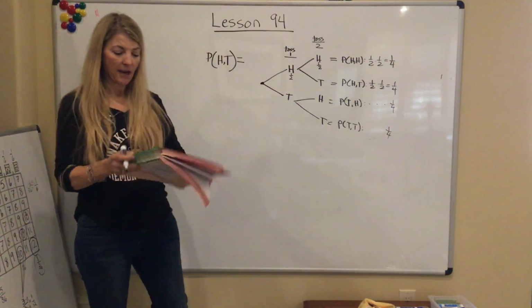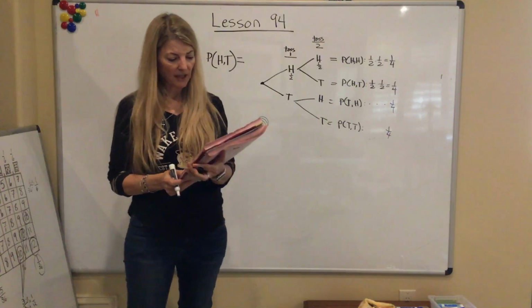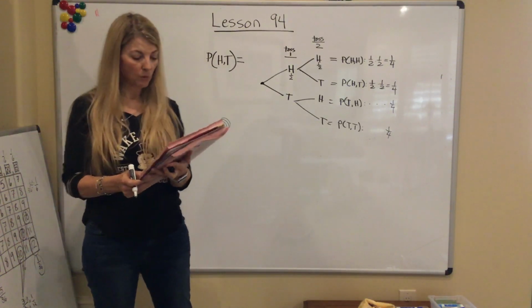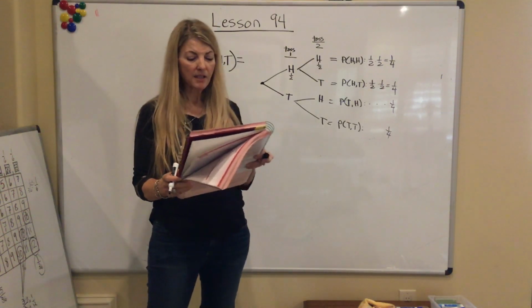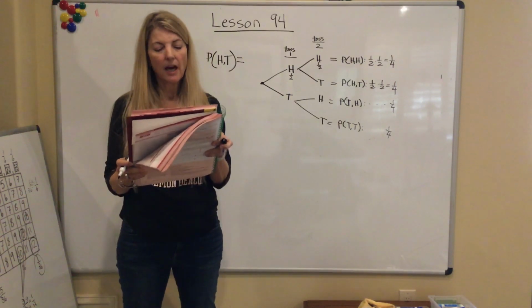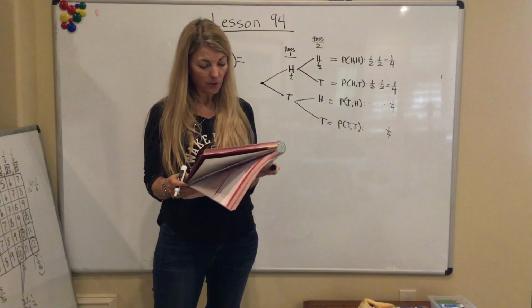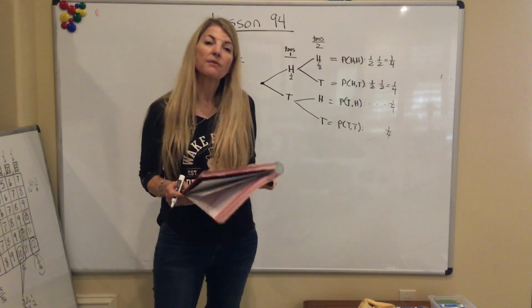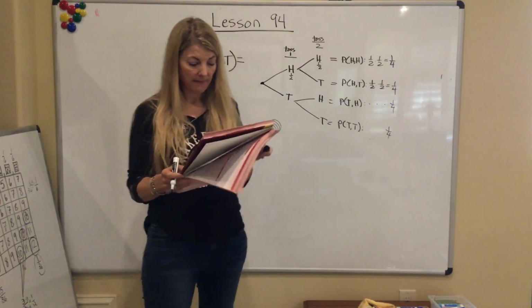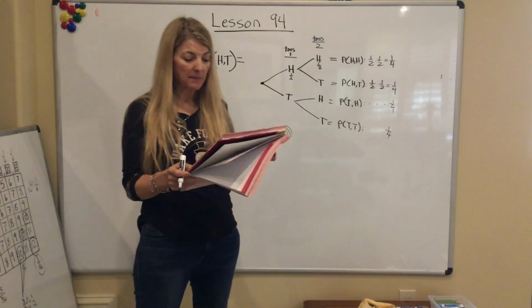Now, if you look at the middle to the bottom of page 641, there's a box that says the probability of independent events occurring in a specified order is the product of the probabilities of each event. And right under there are some examples.